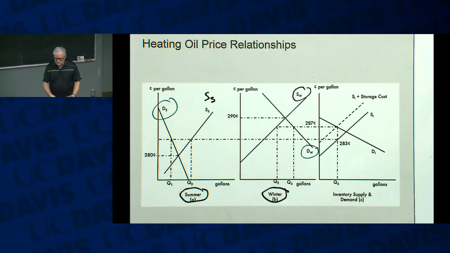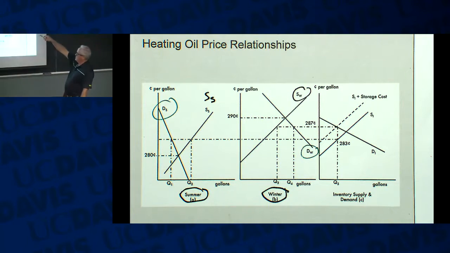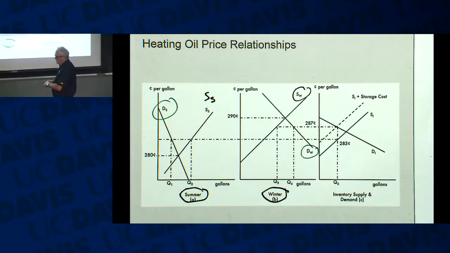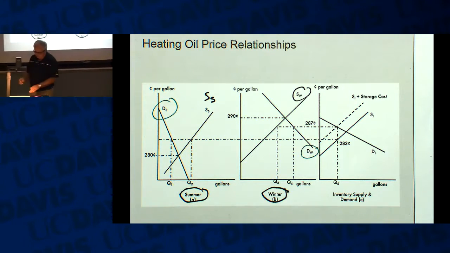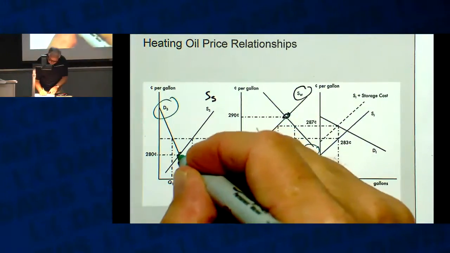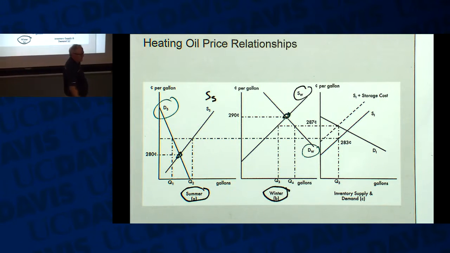You had a low price of wheat at harvest time, then you had a really high price before the next harvest. So the price in the winter would be $2.90 because that's the equilibrium between supply and demand in the winter. So we'd have those two prices without any storage.